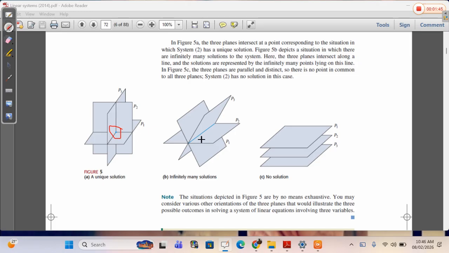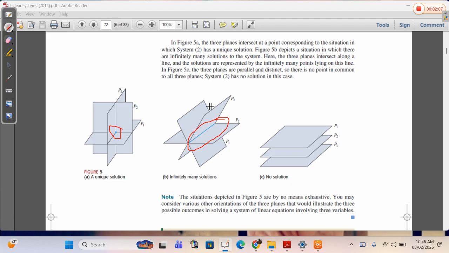If you look at the second case, the three planes are intersecting at more than one point. That is why it is represented as a straight line. On this line, you can take any point and it will be a solution.